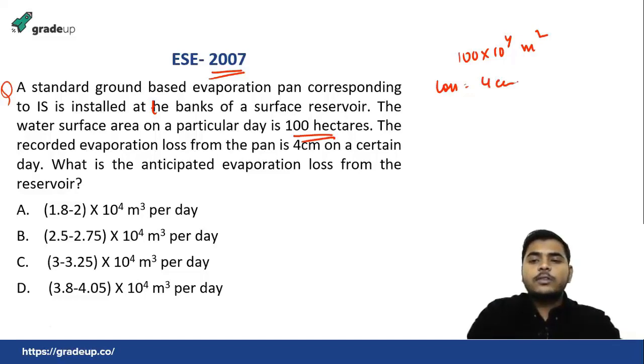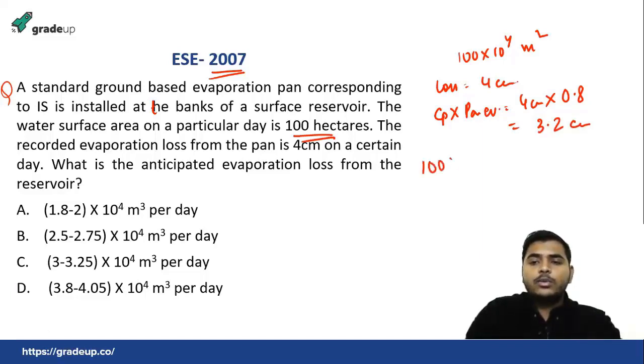So evaporation loss we have to calculate in volume. We will multiply the pan evaporation of 4 centimeter by Cp. We know that the Cp value for IS is 0.8. So 8 4s are 32, so 3.2 centimeter. And then we have to calculate it in meter cube.